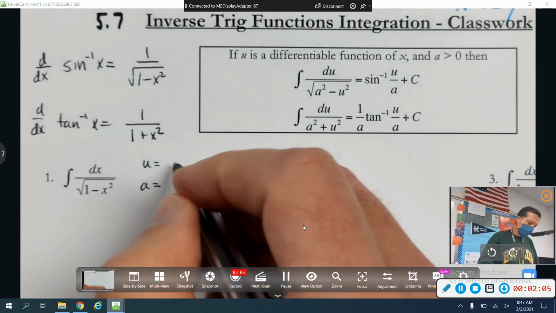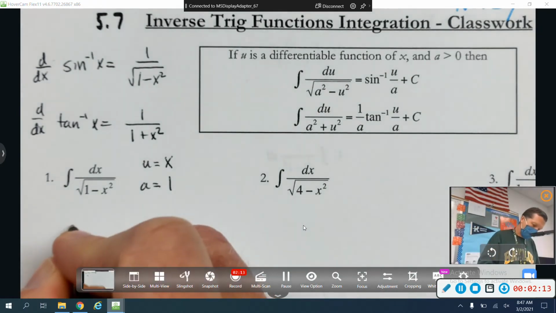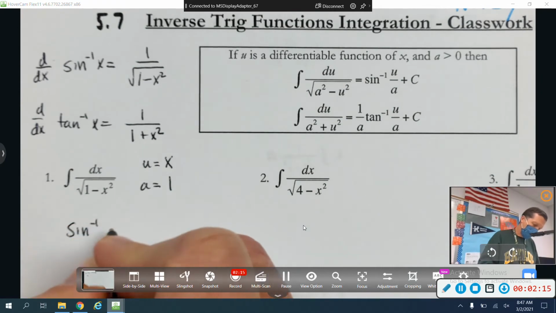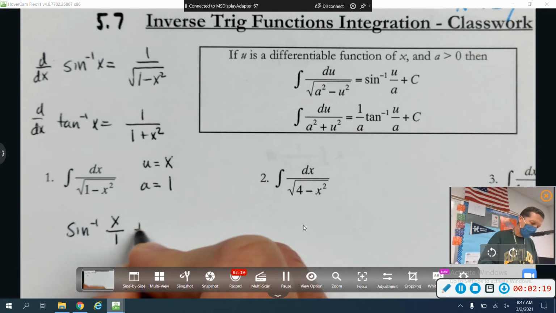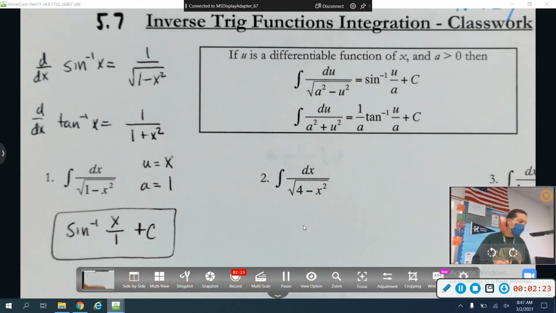For this one, u would just be x and a would just be 1. So inverse sine of x over 1 plus c. Obviously the over 1 is not necessary, but it reminds us of the role that a will play.